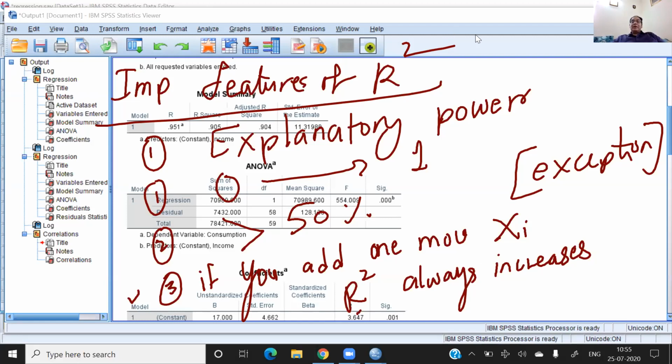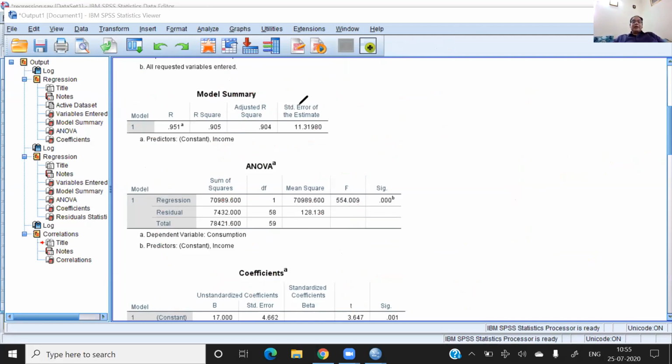Now here, let me see the value of R square. The R square is 90.5. So what conclusion can we make?